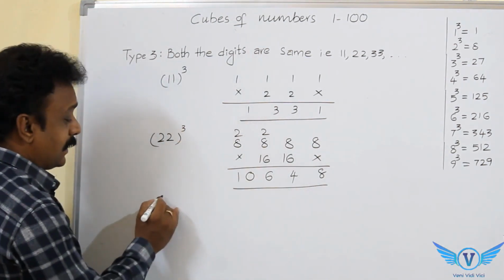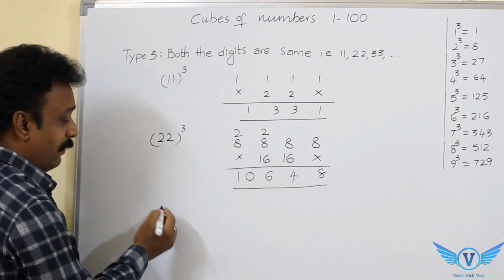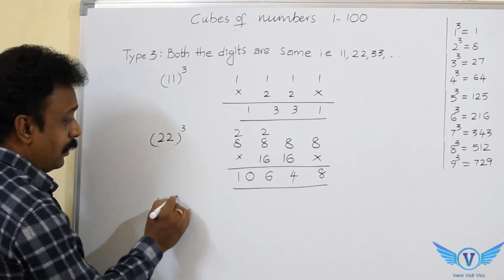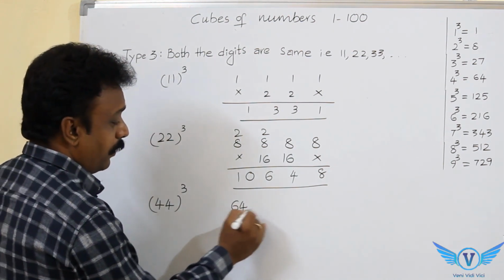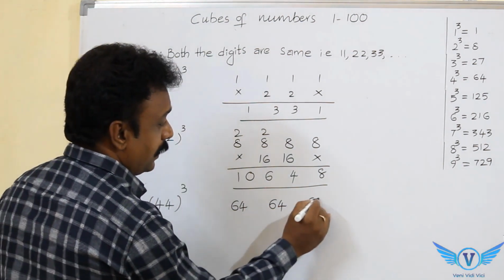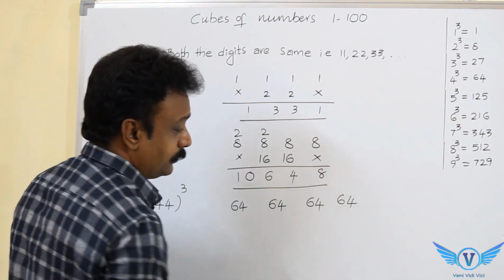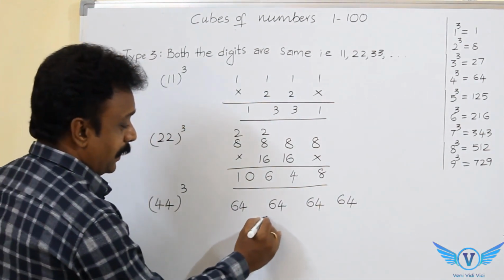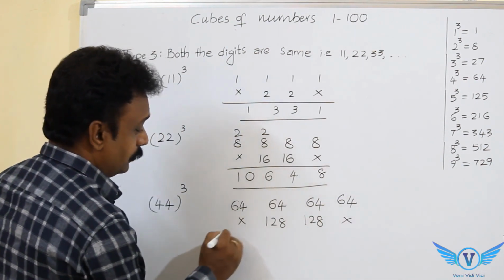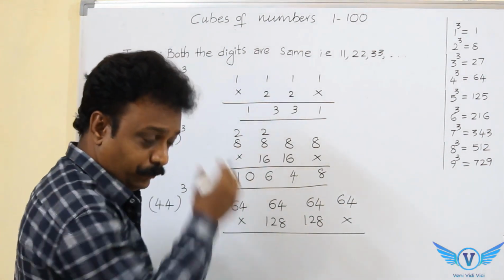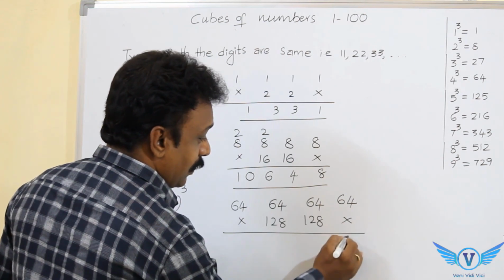Now let us take another example. 33, 44, whatever. Let us take 44 whole cube. 4 cube, 64. 4 cube, 64, 64 and 64. Let us double this number. 128, 128. Leave these 2. Now add. 64 plus 0, 64.